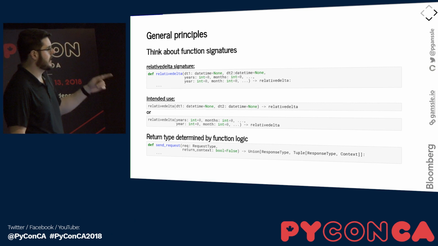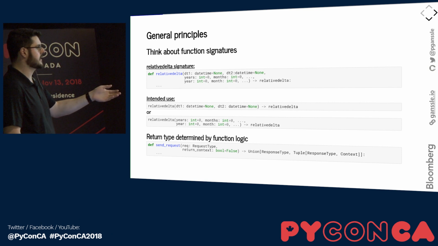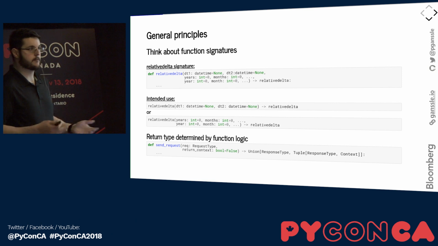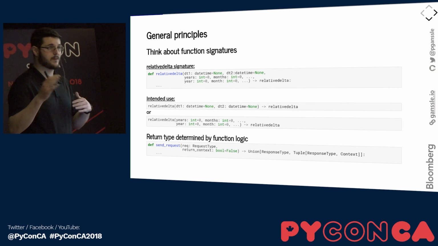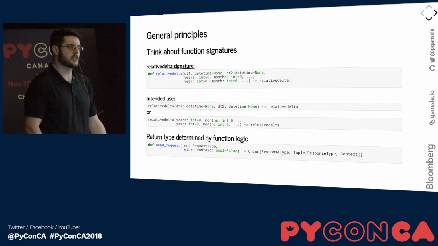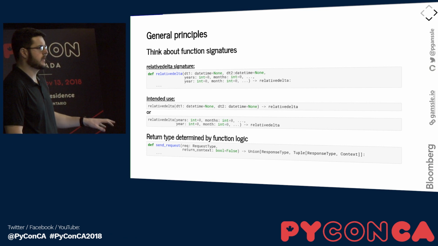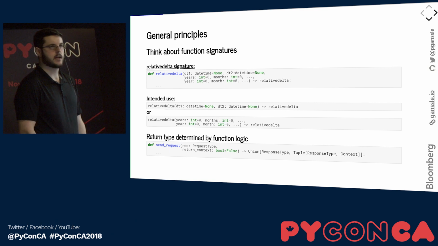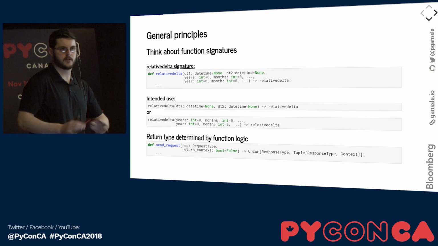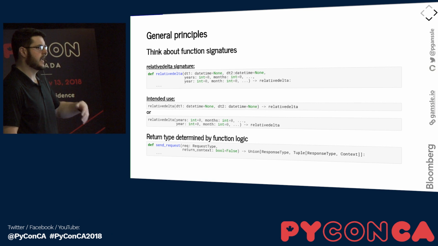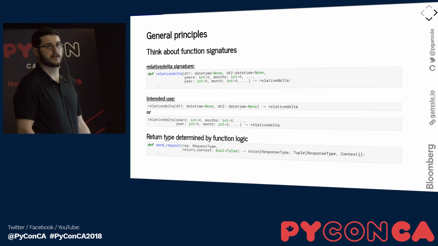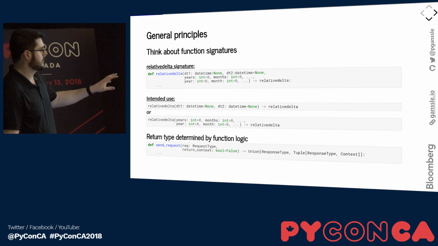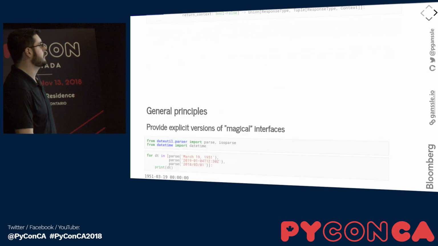Maybe you can read it and say, okay, maybe if I pass return_context as true, it'll give me that second thing, but I think a type checker is not going to infer how that works, so it'll kind of mess things up. And it's also just in general not a good idea to have the return type depend on any of the logic inside the function itself. You don't necessarily have to return the same type, but you should at least return something that implements the same interface. Maybe it inherits from one type or something like that. So this is another sort of function where that's kind of a code smell.